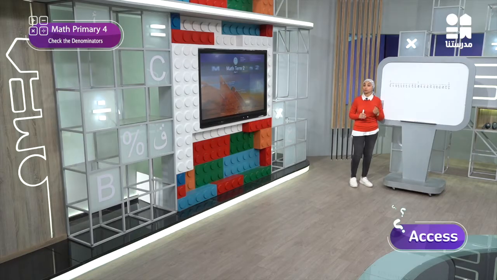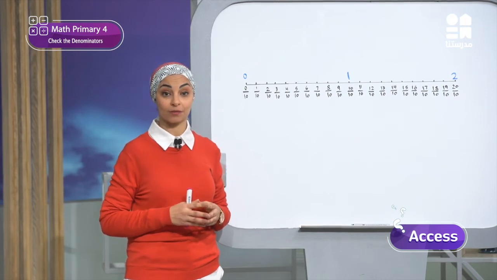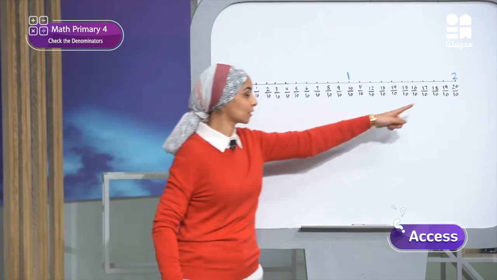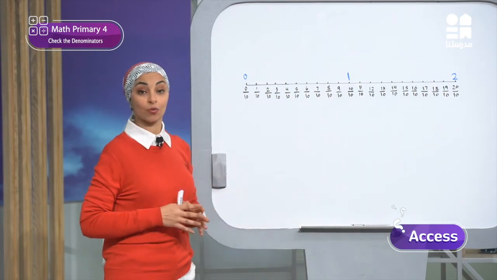As the one whole فيه 10 tenths، يبقى تفتكروا 2 wholes فيها كام tenth؟ Yes فيها 20 tenths right؟ يبقى 20 tenths هي equals to 2 wholes and this is correct.